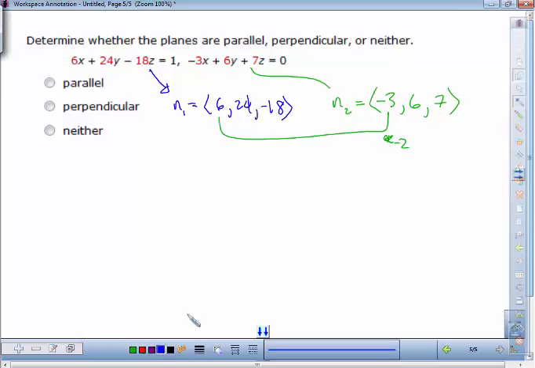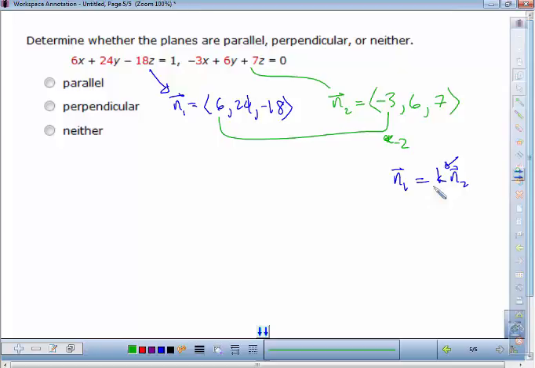But if I just want to check if they're parallel, I can set n1 equal to some constant times n2, and if I can find that constant where that would make this vector statement true, then I can say that they're collinear. They're collinear, they're parallel, they're scalar multiples of each other, and so I would be done.